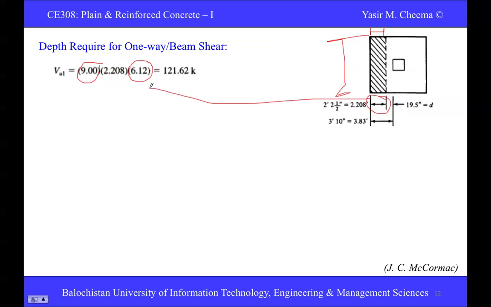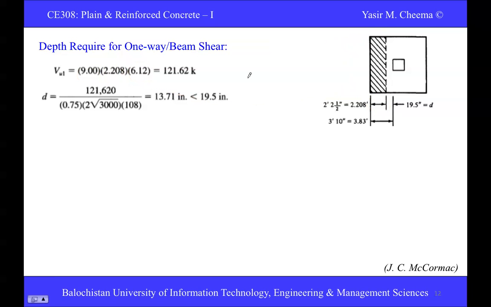So this comes to be the shear strength of this hatched section. Similarly, we determine the value of D, and that also comes to be 19.5. So all the dimensions that we have calculated are less than the assumed value, the effective depth of 19.5 inch. So it's okay.